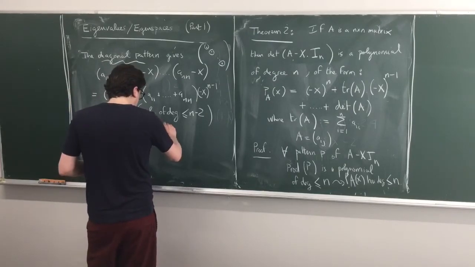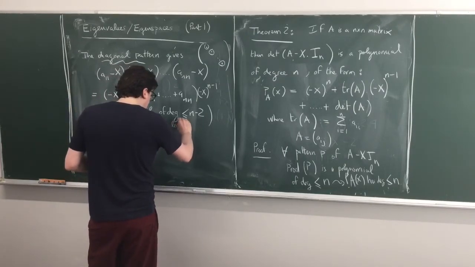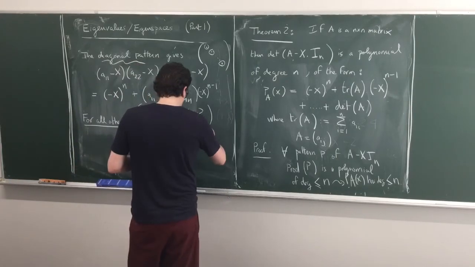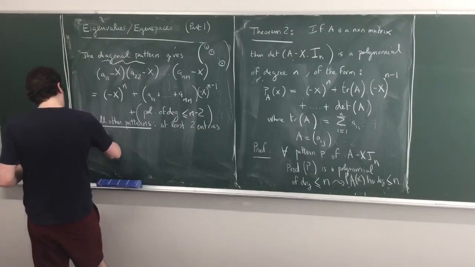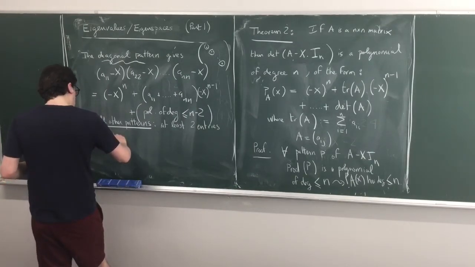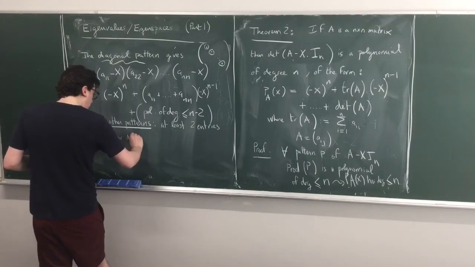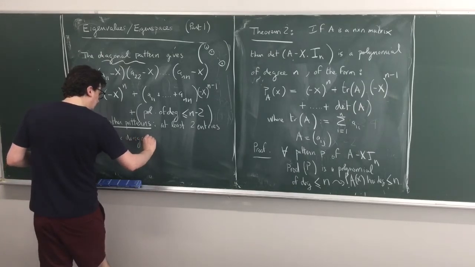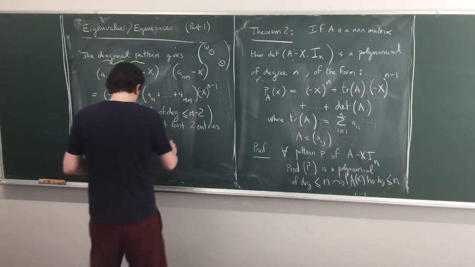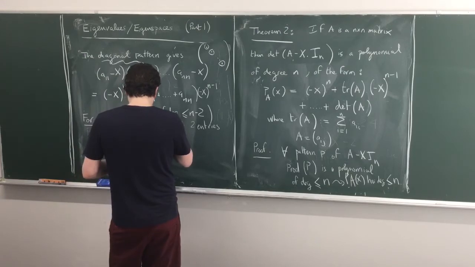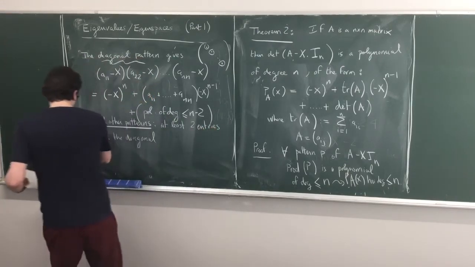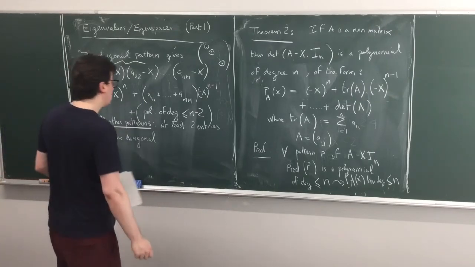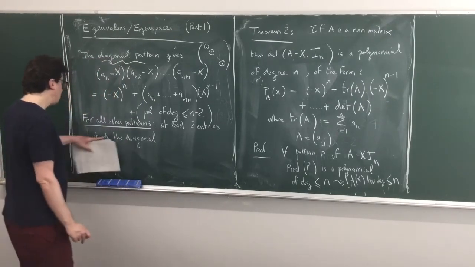At least two entries outside the diagonal.